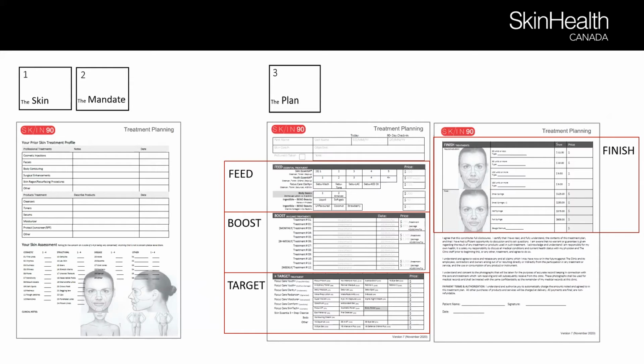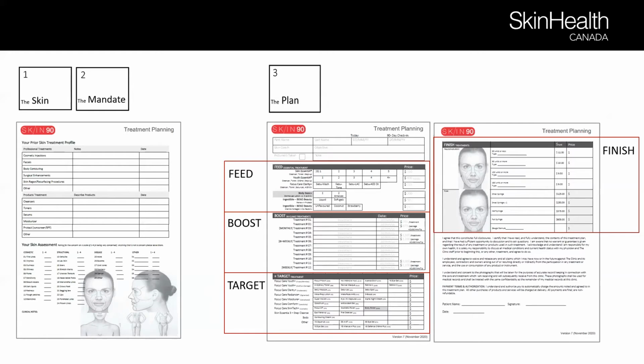Then the other 2 pages in this treatment planning protocol are the plan itself. As you can see in this slide, there are 4 sections to the plan. There's a feed section, which is how you will write the at-home program plan. The boost section, which is how you'll write the in-clinic treatment plan. Then the target, which is how you can target specific issues with at-home product.